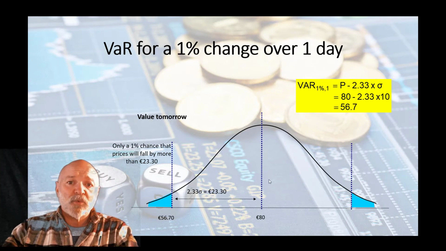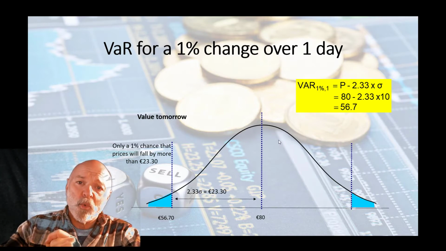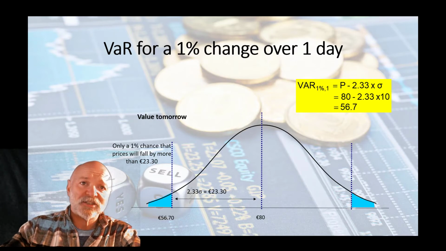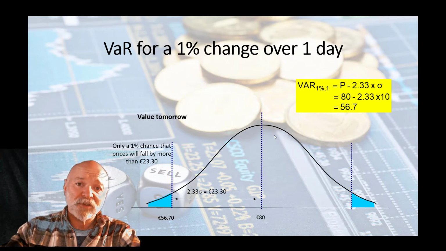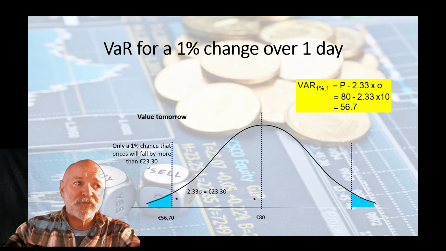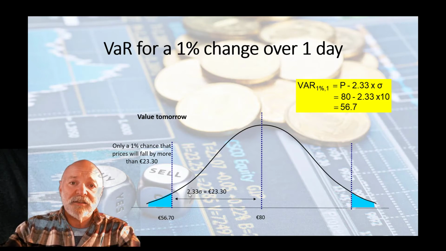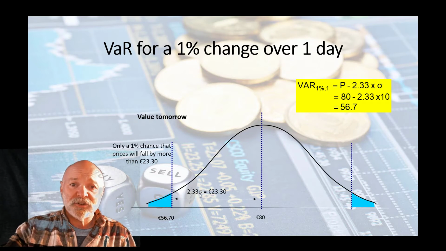If we think about what a really bad day could look like, what does the 1% tail of our distribution look like on a really bad day? Here we'd say there's a 1% chance that the price of our bond is going to fall below €56.70. And we get that by essentially taking 2.33 standard deviations times the measure of one standard deviation.